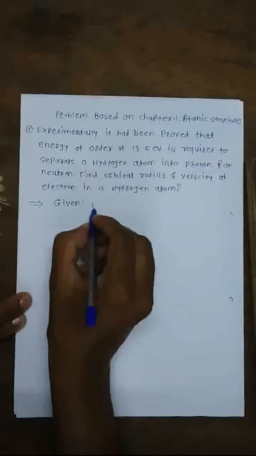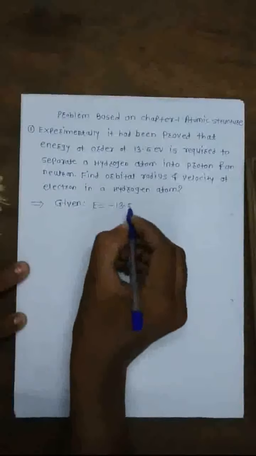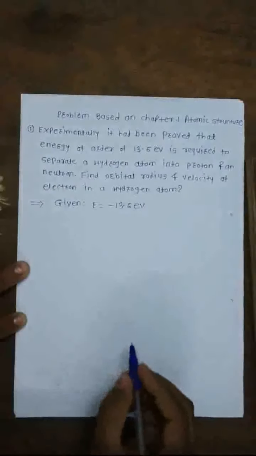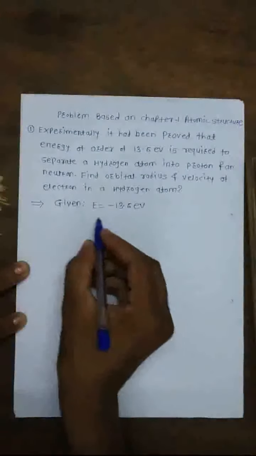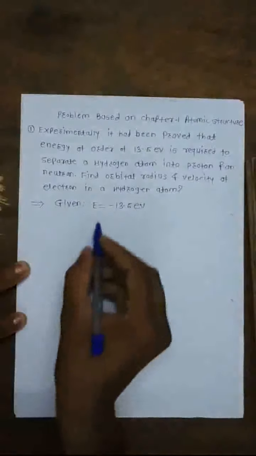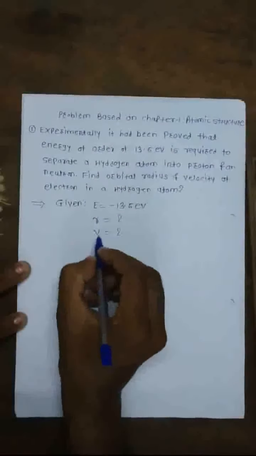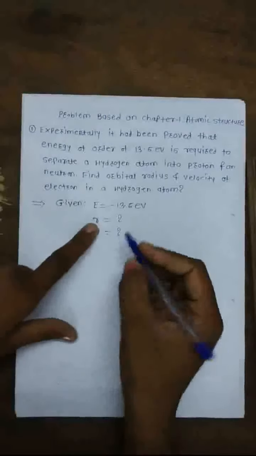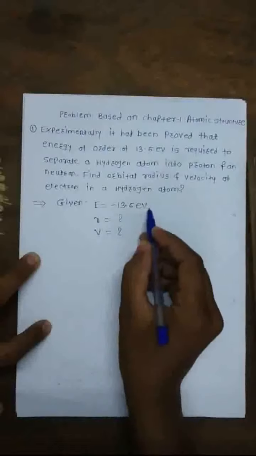Therefore, E is equal to minus 13.6 electron volt. Now we have to find out the radius and velocity.